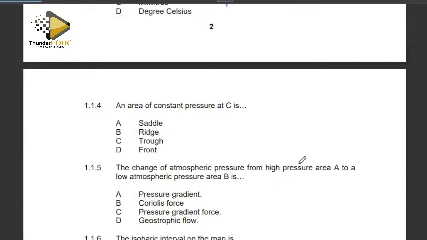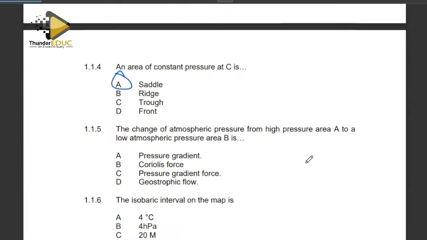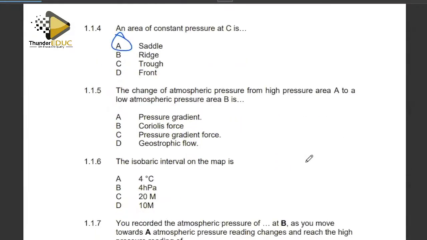That is what we call a saddle. Then question 1.1.5, the change of atmospheric pressure from high pressure area A to a low pressure area B. What is that? A change of atmospheric pressure from high to low, that is the pressure gradient.